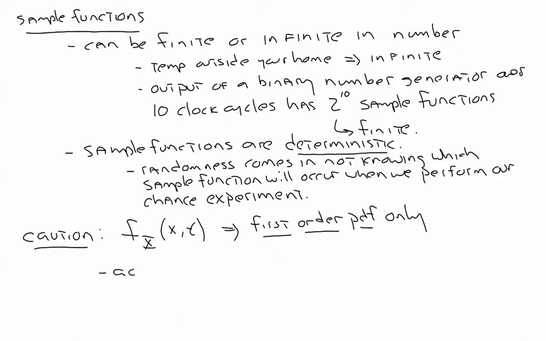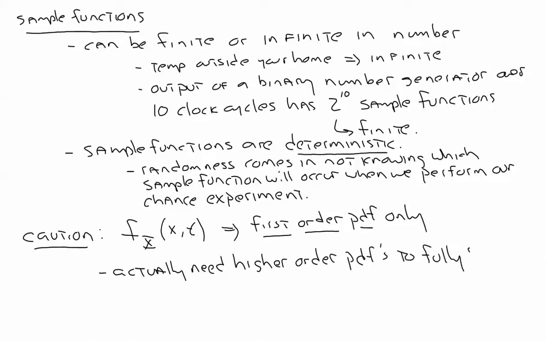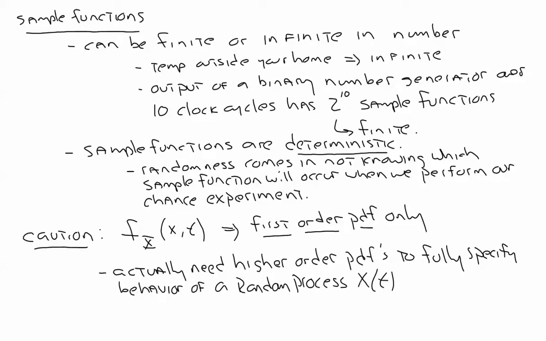So, strictly speaking, we need higher order PDFs to fully specify the behavior of a random process. We will go no higher than the second order.